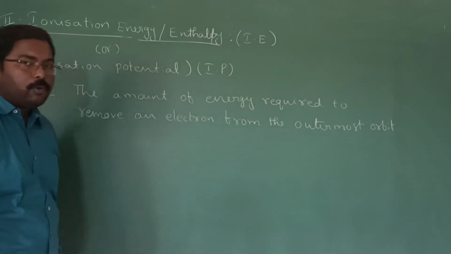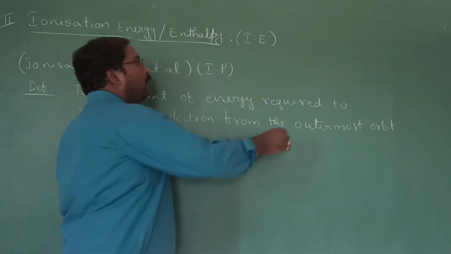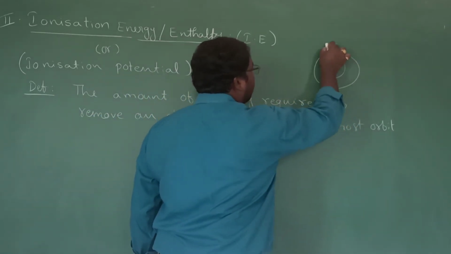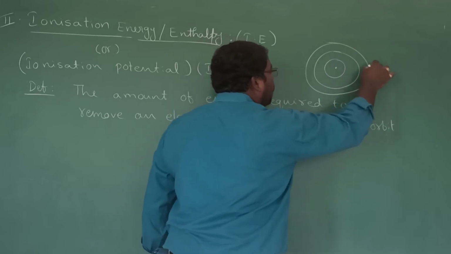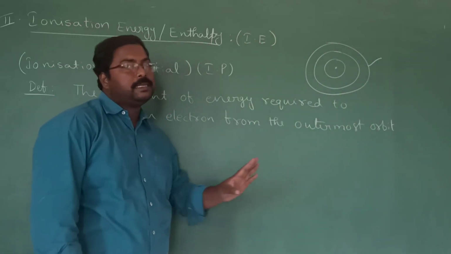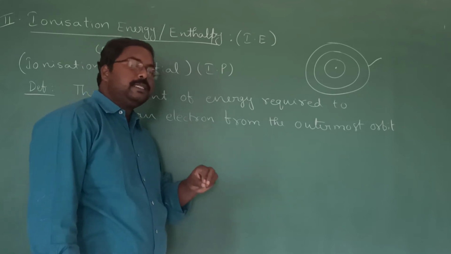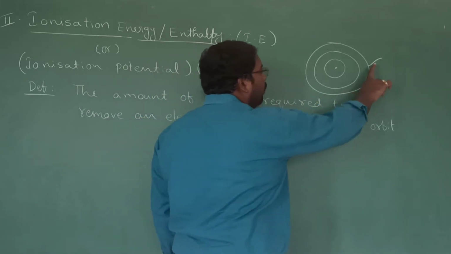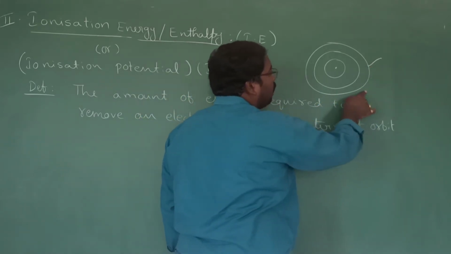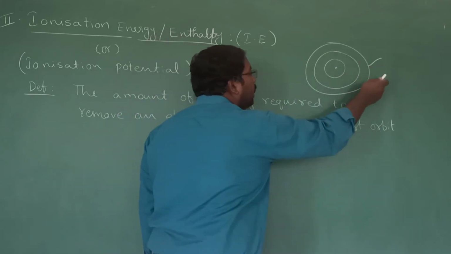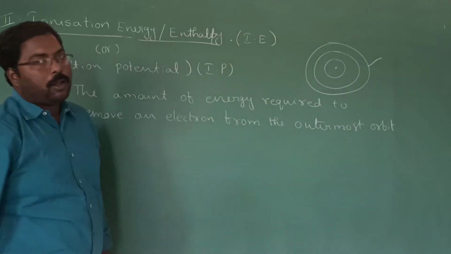While we are going to remove the electron, from where should we remove it first? We should remove the electron first from the outermost orbit, not the second orbit or the third orbit. We should say it is the outermost orbit. So the electron will be first removed from the outermost. If you remove all the electrons from the outermost, then only we can remove from the inner orbits.